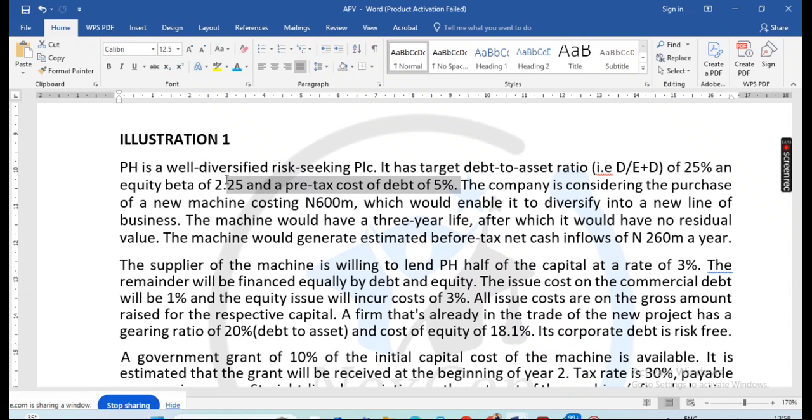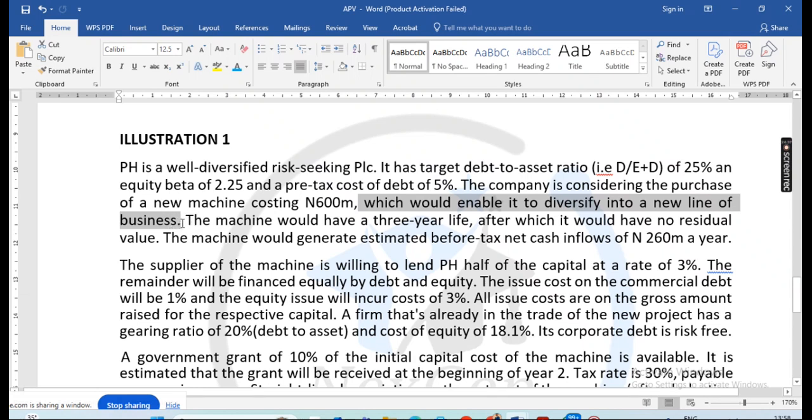The company is saying that we want to purchase a new machine costing 600 million, which would enable it to diversify. Can you see? Which will enable it to diversify.